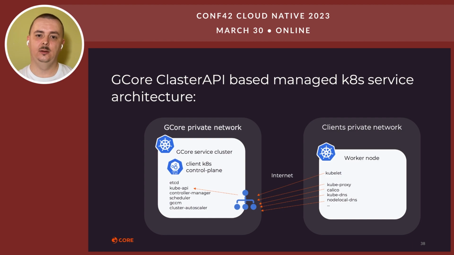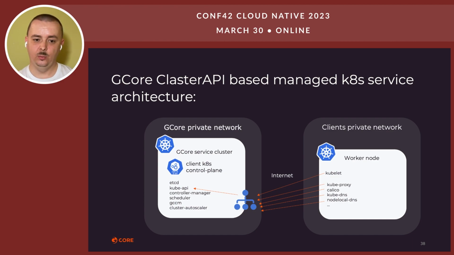So let's take a look at the gcore cluster API-based managed K8s service architecture. Now you can see that there are some differences. In the client private network, there are no master nodes anymore, only worker nodes. And in the gcore private network, we have a gcore service Kubernetes cluster where in some namespace we keep all the custom resources of the cluster API, such as, like I said, cluster, machine deployment, control plane, and so on.